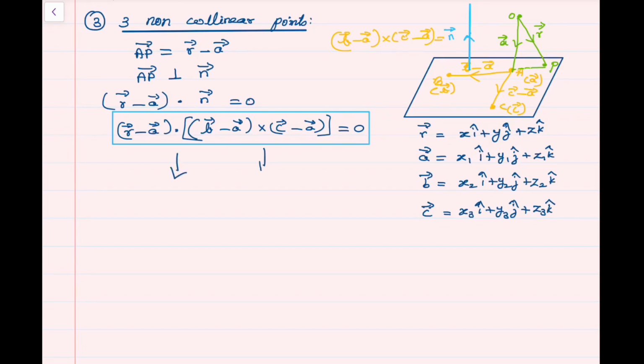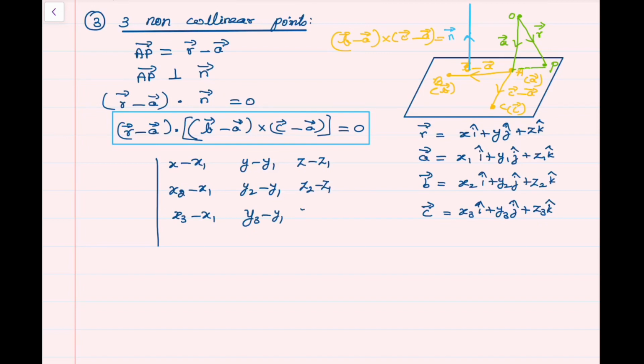Left hand side of this equation has dot and cross, which is a scalar triple product, and it can be written as a determinant. Determinant: vector r minus vector A is x minus x1, y minus y1, z minus z1, and the second row is B minus A, x2 minus x1, y2 minus y1, z2 minus z1, and the third row is vector C minus vector A, x3 minus x1, y3 minus y1, and z3 minus z1.